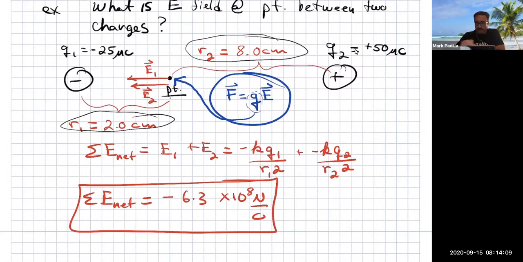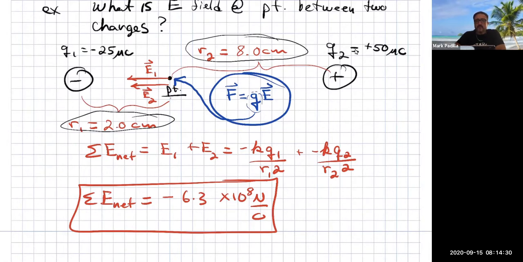So we know the total distance between the charges is 10 centimeters. And I'm asking you, what is the E field at that point? That's just a point I picked. It could be a point anywhere along that whole distance between the negative and positive.